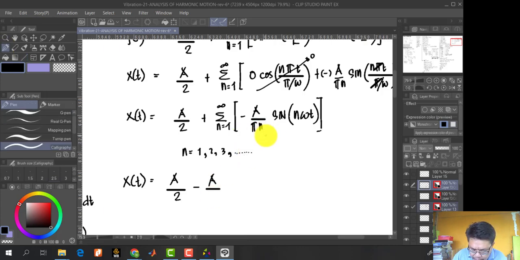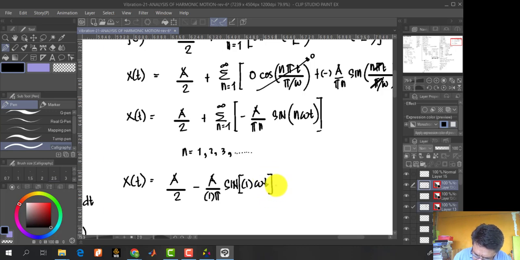Now, for the number of terms, initially we'll be using 1. So that will be 1 times the pi. And this is multiplied by the sine. And yung value ng n mo, that will be 1 times the angular velocity and time.